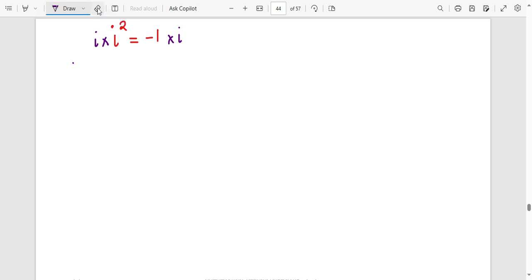So i times i squared, to the power 2, not cube root, but cube, becomes i to the power 3.